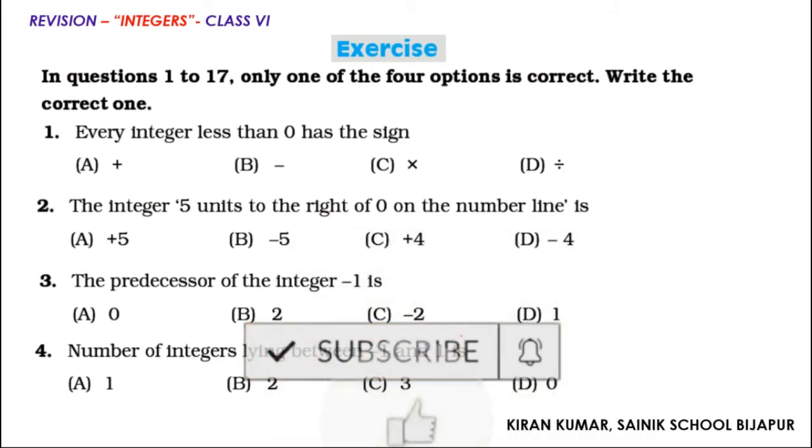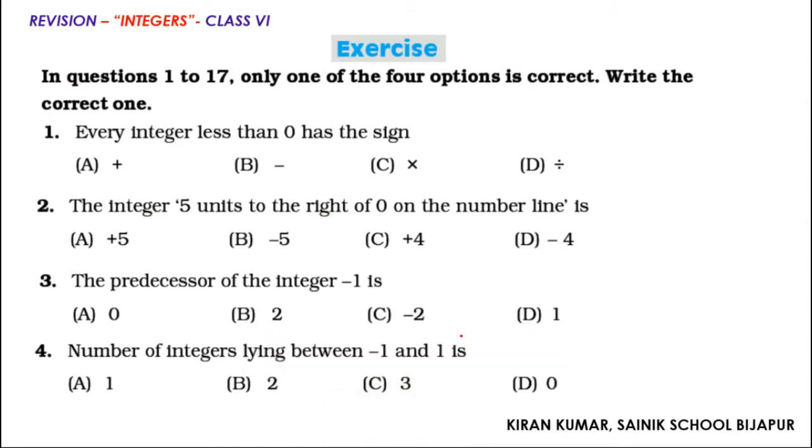First question is, every integer less than 0 has the sign. When negative numbers are there, they will be having the sign minus. So the right option is option B. Every integer which is less than 0 has a negative sign.